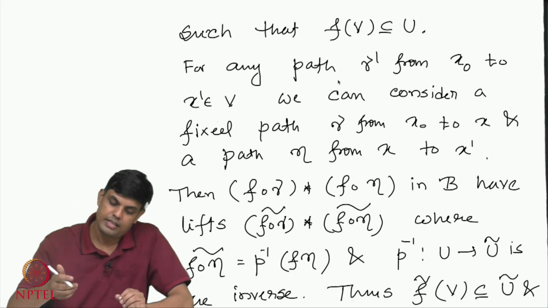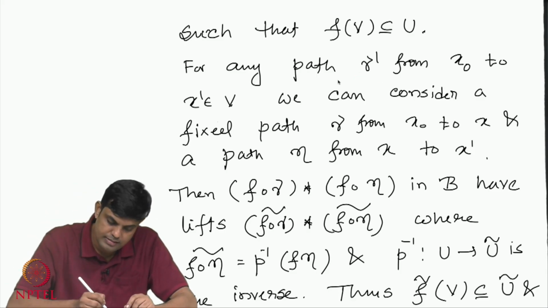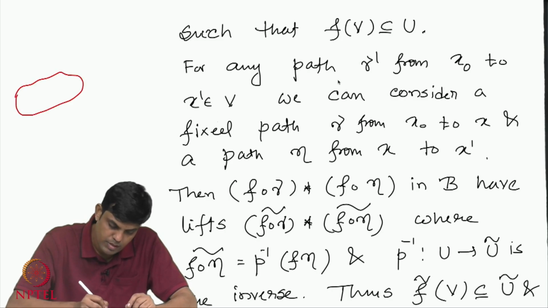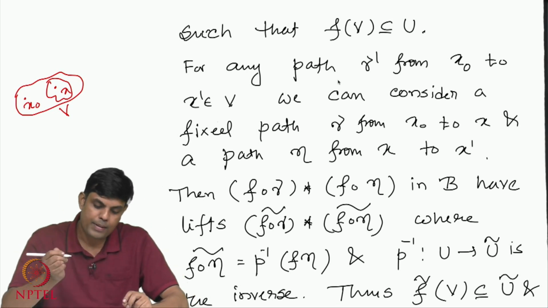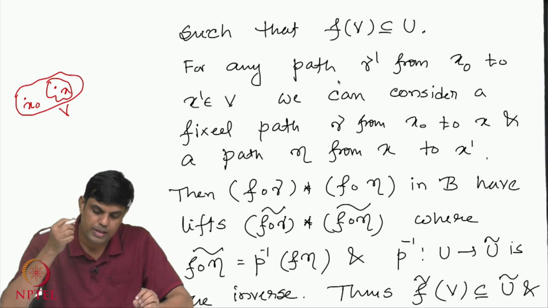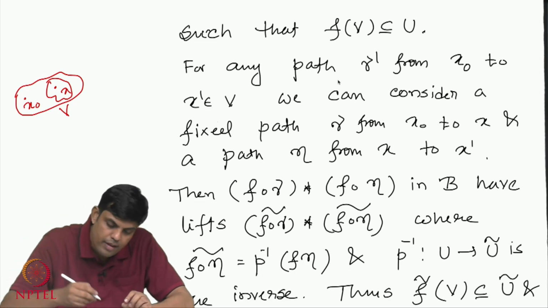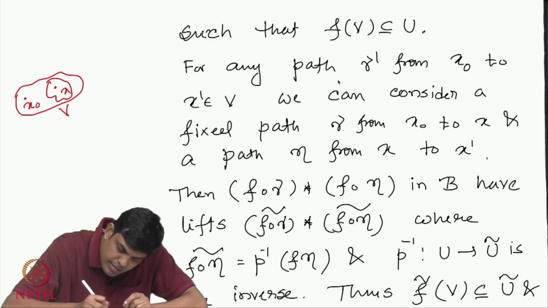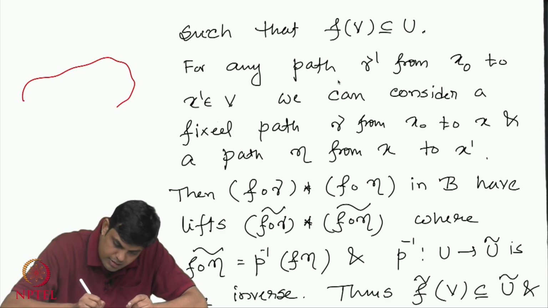Now, let us suppose this is x0, this is x, and this is your V. If gamma prime is any path from x0 to some point x prime, let me draw this picture a little bigger so that we understand it better.